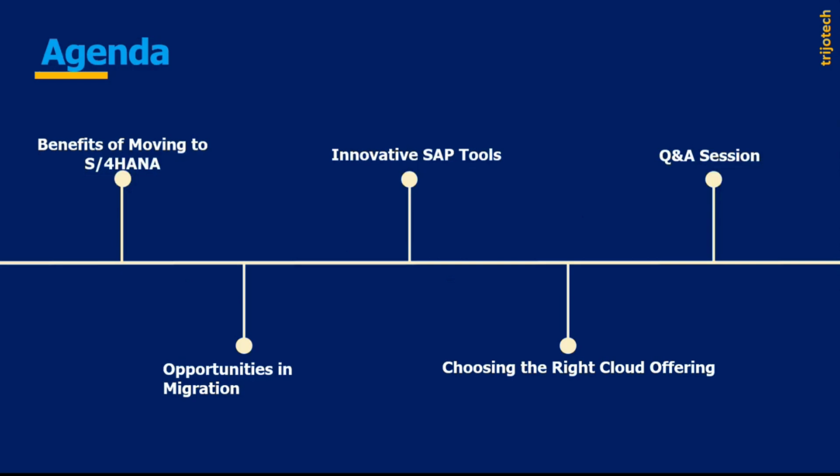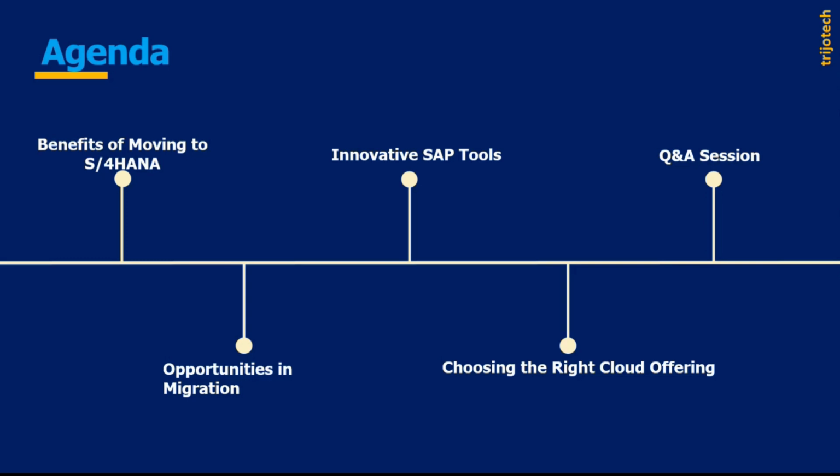So, a brief overview of the agenda. What are the benefits we are going to get when we go for S4HANA? When you are an ECC user and you go for an S4HANA transformation, what are the things you are going to get out of it? That is one. Then, what are the opportunities we can leverage if we go for S4HANA migration?